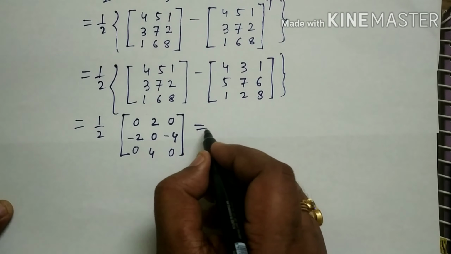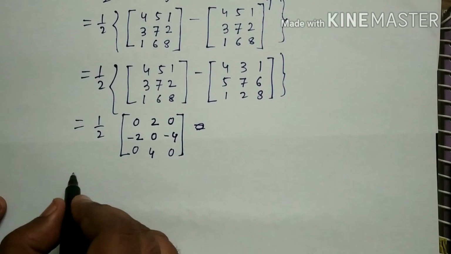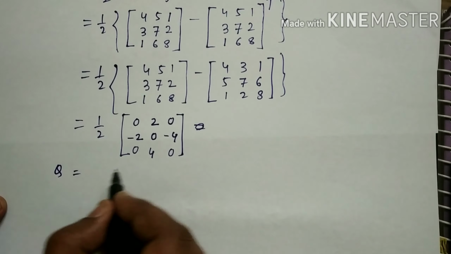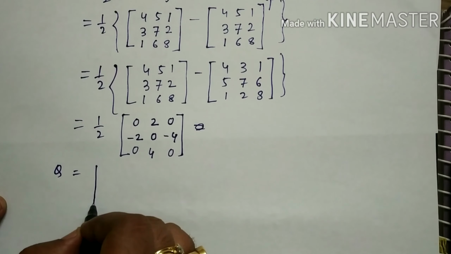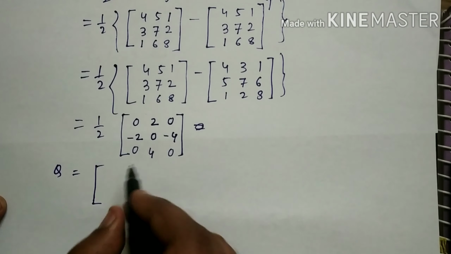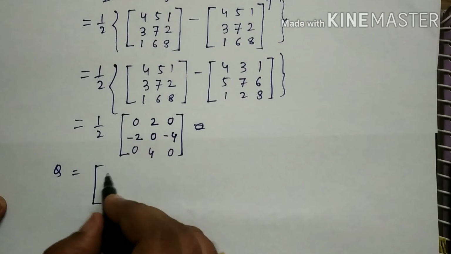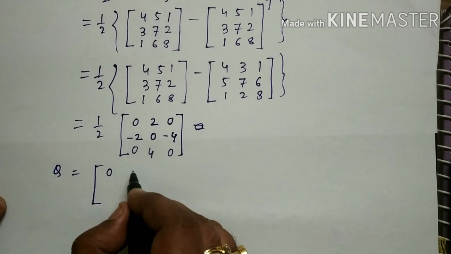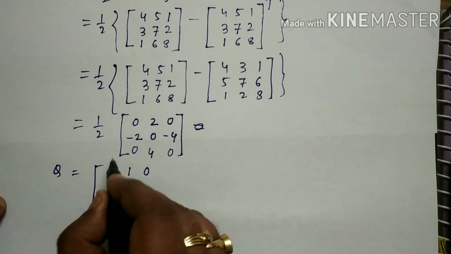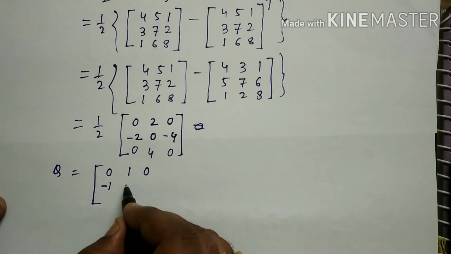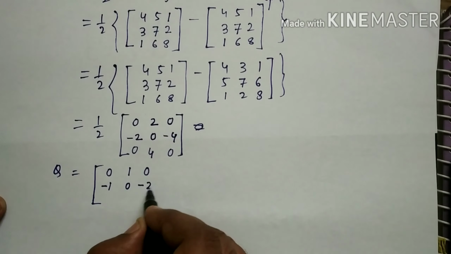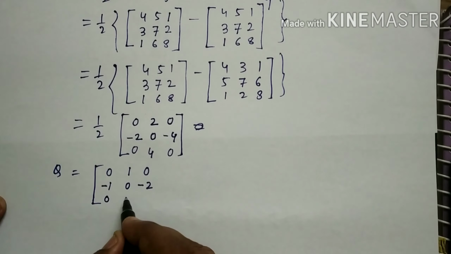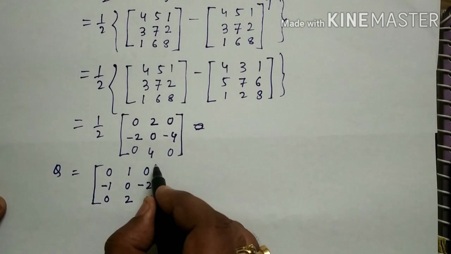So after simplification, what you have, Q is equal to [0 1 0; -1 0 -2; 0 2 0].